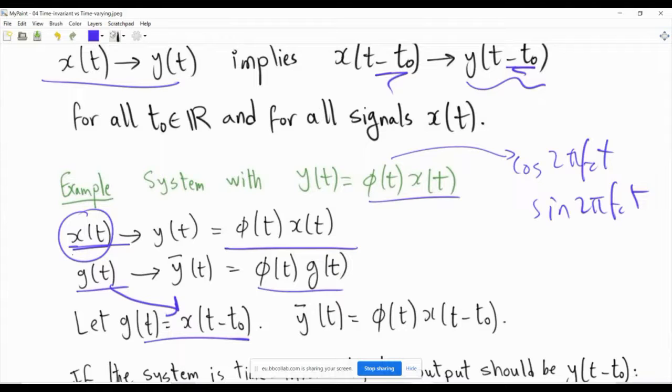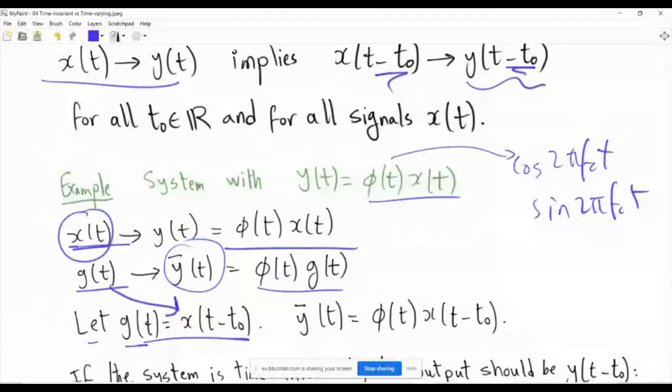So let's see whether this is our case here. In response to some g of t, the output, which I denote here as y bar of t, is phi of t g of t.